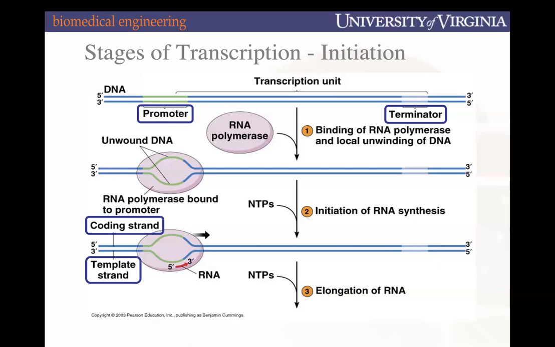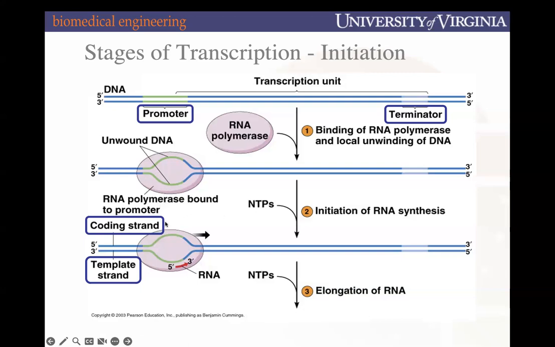So that means it's reading this unwound DNA. We have two strands here. The bottom one is the template strand, what it's reading. So it's reading the 3' end and creating a complementary 5' mRNA, creating it in the 5' to 3' direction.